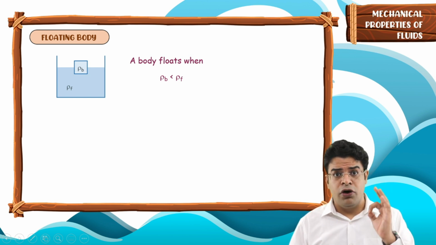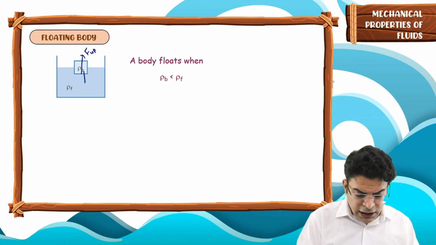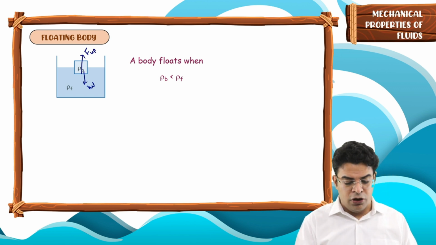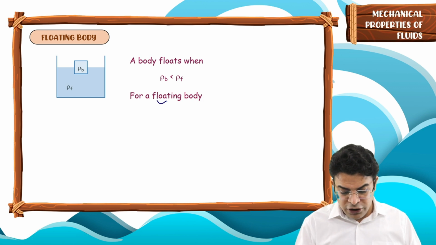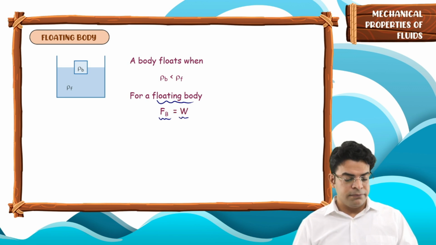For a floating body, the force of upthrust has to be equal to the weight of the body. So for a floating body, the force of upthrust, the force of buoyancy, equals the weight of the body.